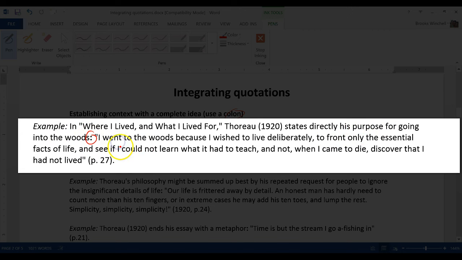Colon: "I went to the woods because I wished to live deliberately, to front only the essential facts of life and see if I could not learn what it had to teach, and not, when I came to die, discover that I had not lived." So here, kind of a complicated quote, but the idea here is he introduces the quote with a full sentence: Thoreau states directly his purpose for going into the woods, and then a colon, and then we have this.